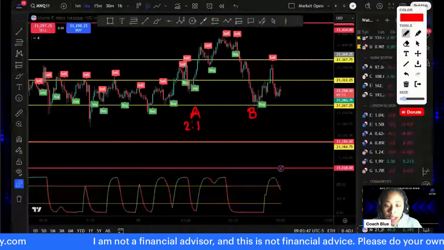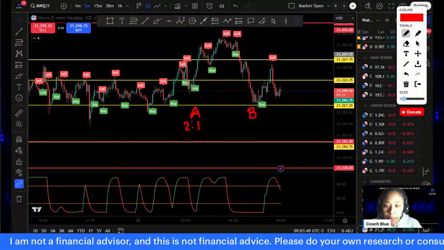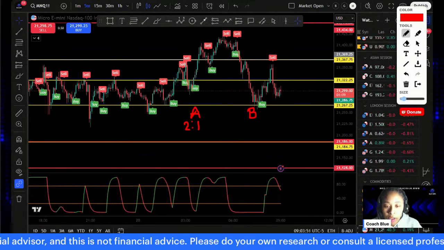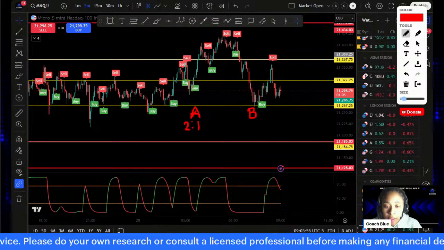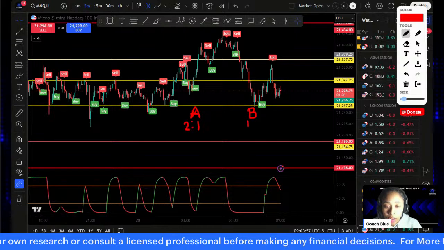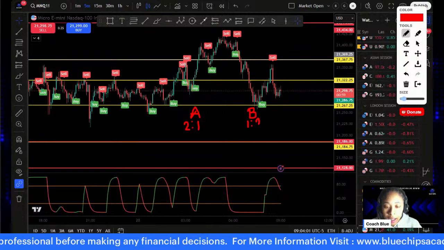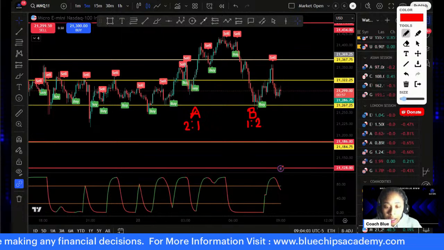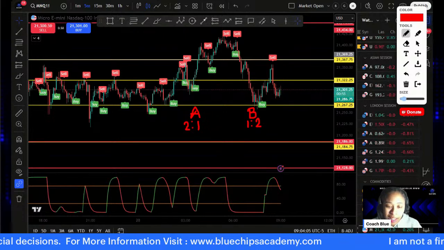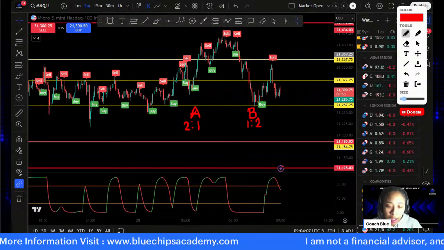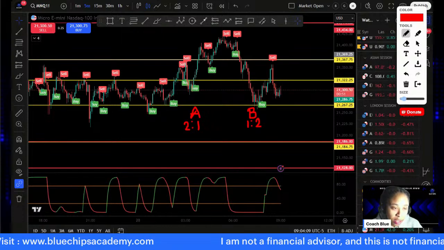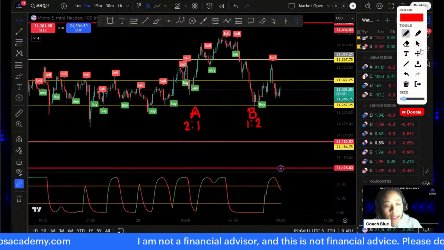Trader B is risking a 1-to-2 ratio. Let's just say they're set to gain $50 but risking $100. I'll use that example.